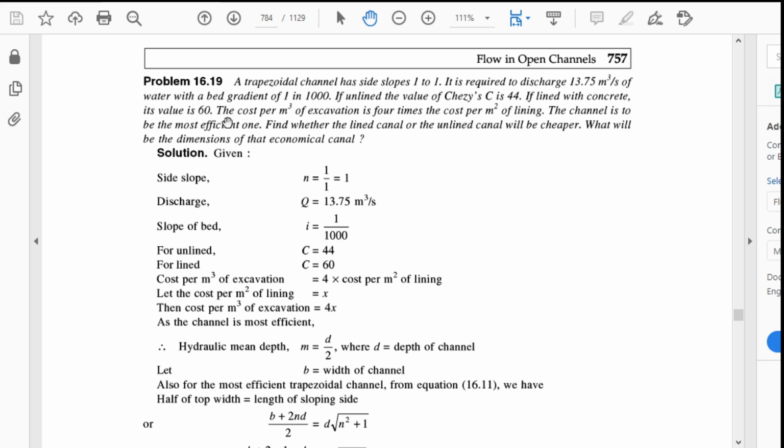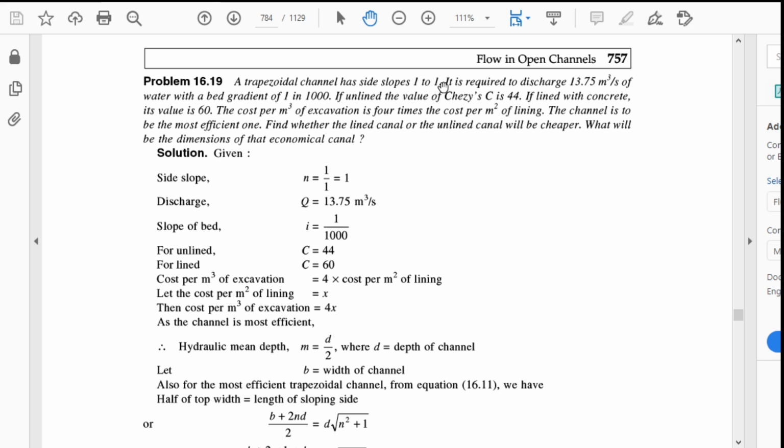Now the cost per meter cube of excavation is 4 times the cost per meter square of lining.